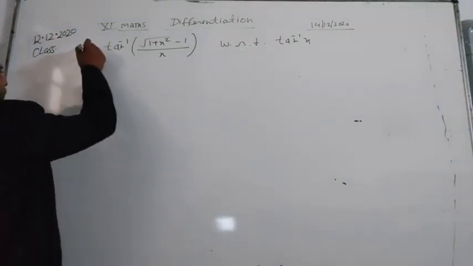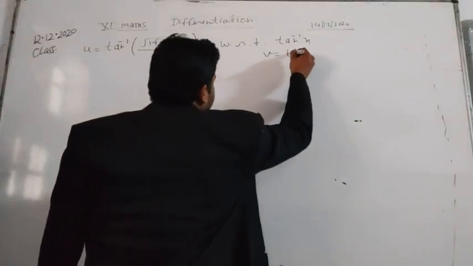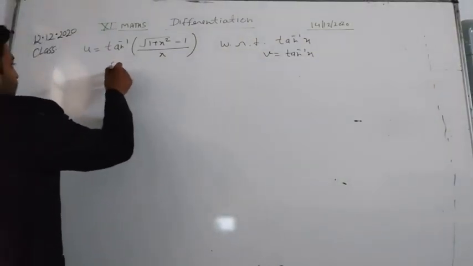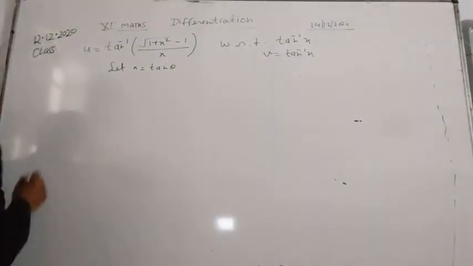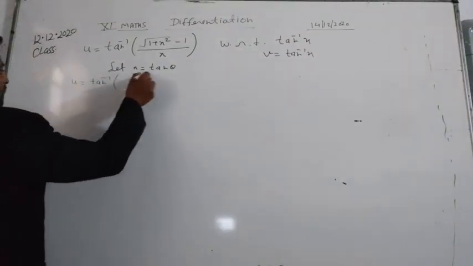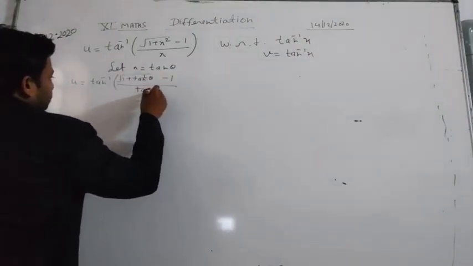Now, what will we do? So we will take first this as our u and this as our v. Okay, so for differentiating this, we will let x equal to tan theta. Okay, so put u equal to tan inverse of under root 1 plus tan square theta minus 1 by tan theta.